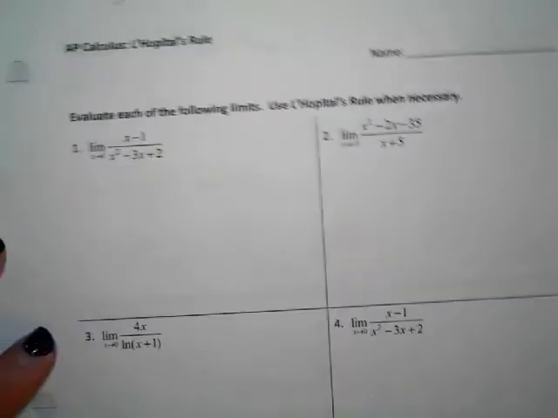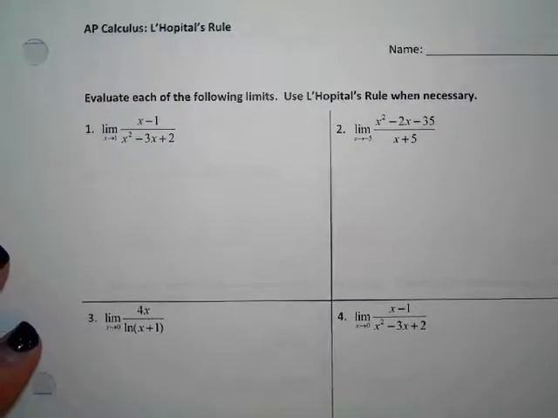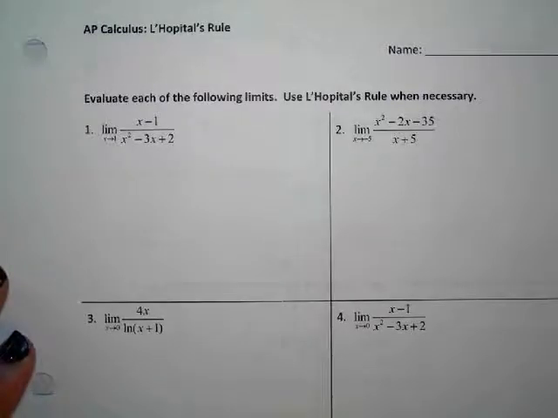Although I did hear you do want to show it, so I think having a 0 over 0 on your page is probably fine. There was a point where they were so nitpicky that if they saw it anywhere on the page, they started marking down. I hope they're not doing that anymore because that's over the top. But you do want to show it to truly do L'Hopital's, because of what they did that year at the AP grading.